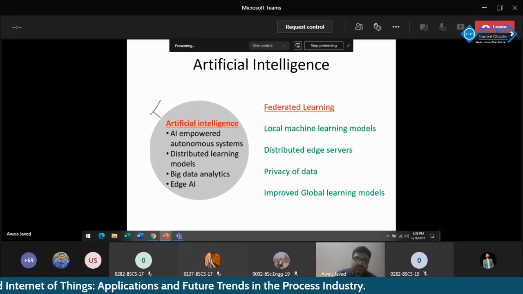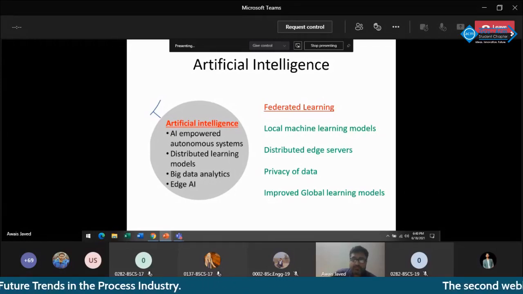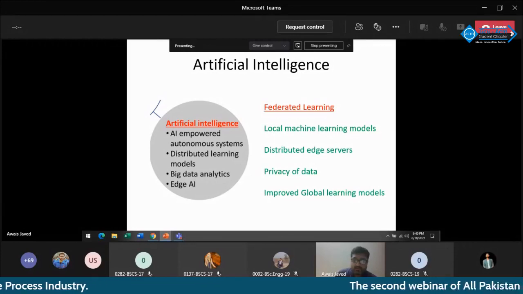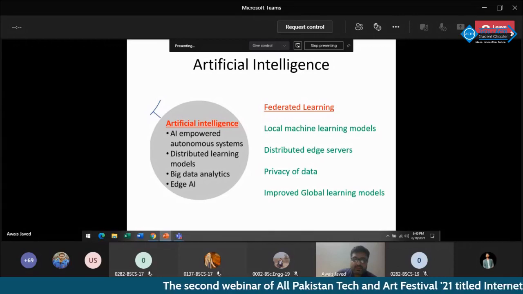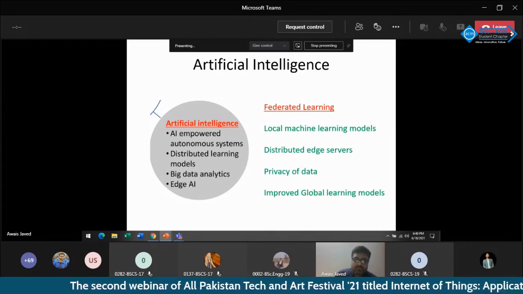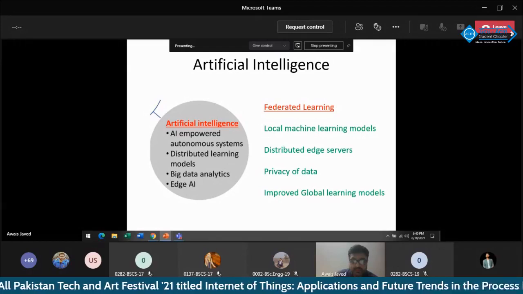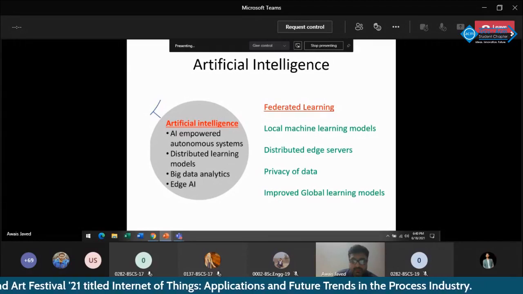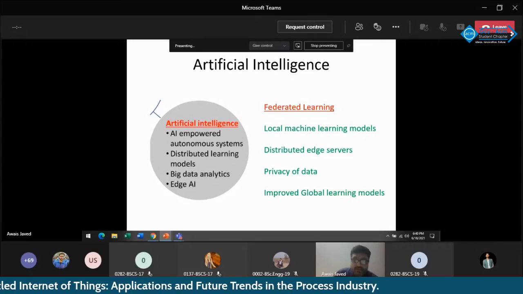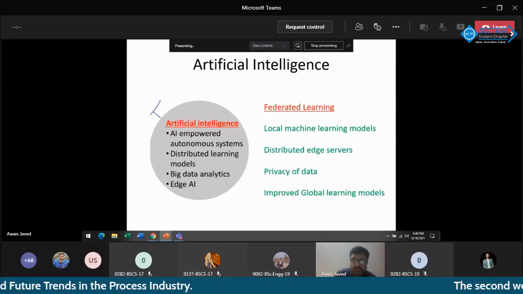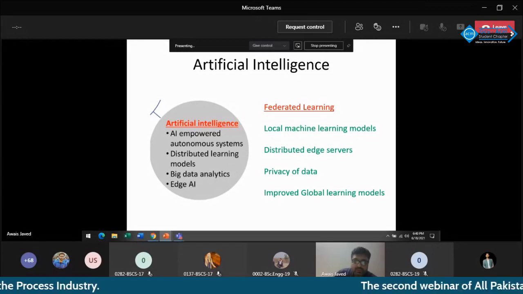There's a centralized server which collects all the actionable data and figures out what's the best we can do based on that data. For example, we can control the process. What's the best process control? For example, in the process industry, we can control the process efficiently based on that data. So currently, we're using the centralized learning model.